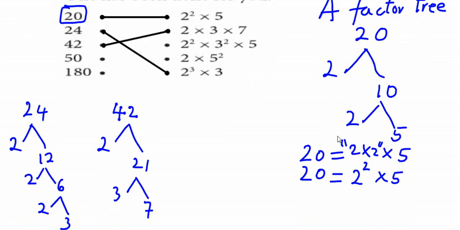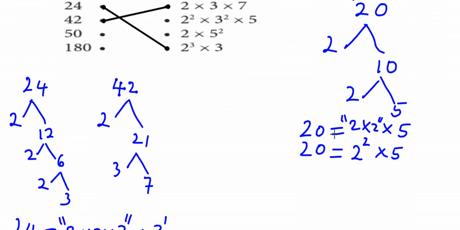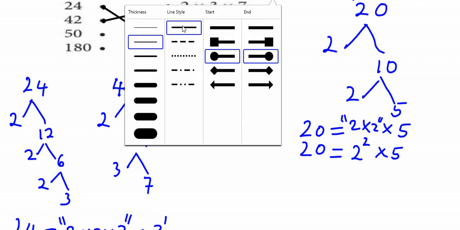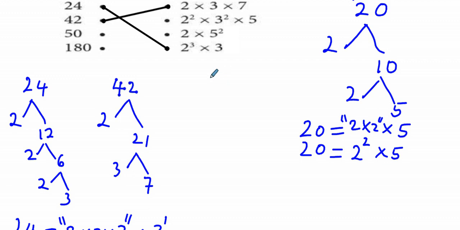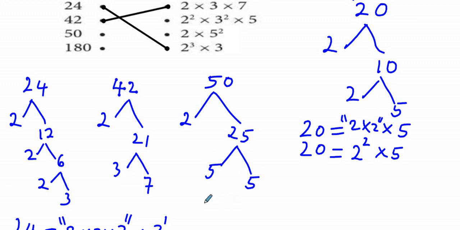Then we go for 50. For 50 we do the same thing. Do the factor tree for 50. This will be 2 times 25, and this will be 5 times 5. So in other words, 50 equals 2 times 5 times 5.